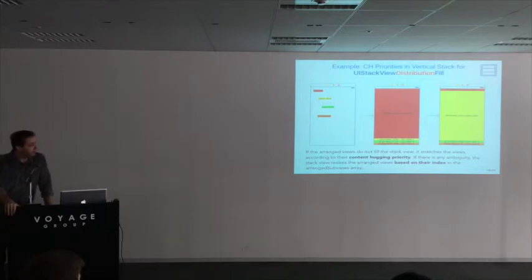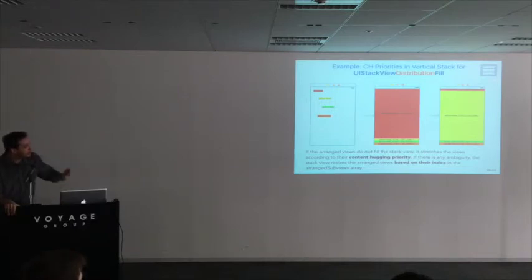That might be a bit confusing to understand, but basically if there's an ambiguity as to which one should be stretched, it's going to stretch out the one with the lowest content hugging priority. However, they all have a content hugging priority of 251 when they were dragged out. So it will start with index 0 of the views within the stack view. That's the first view that you dragged out, and it will use that one first to stretch. So that's why you have the red one being stretched out first in the stack view.